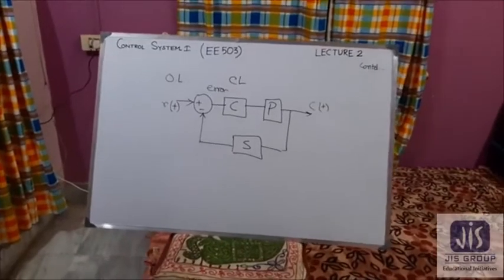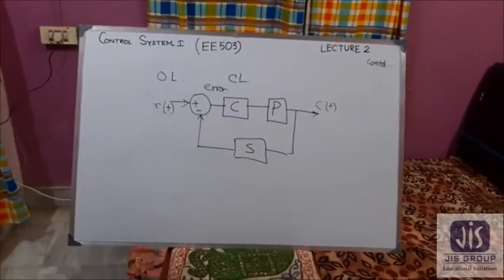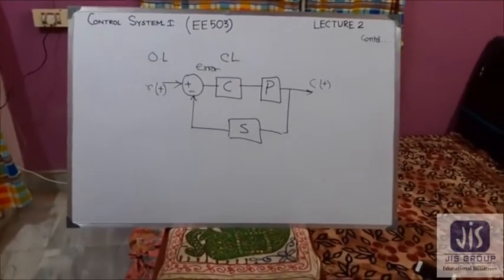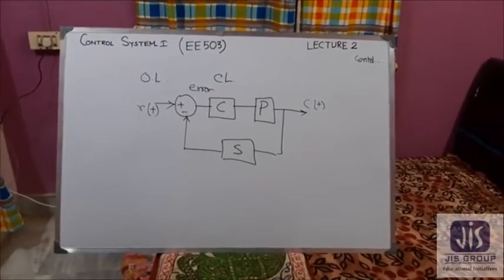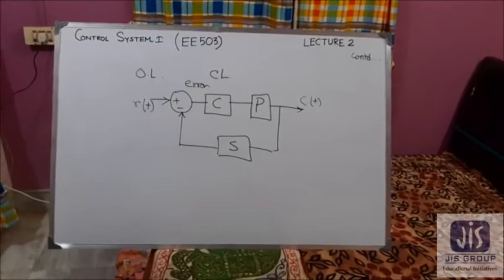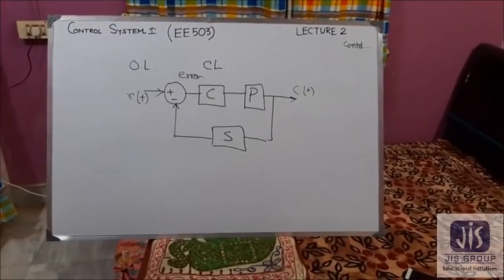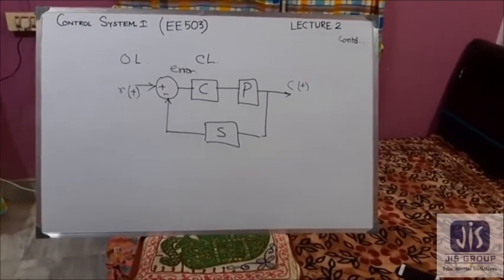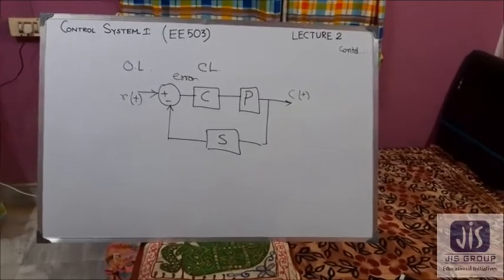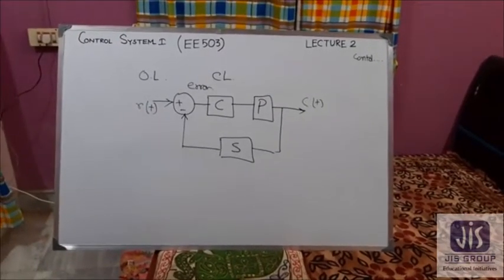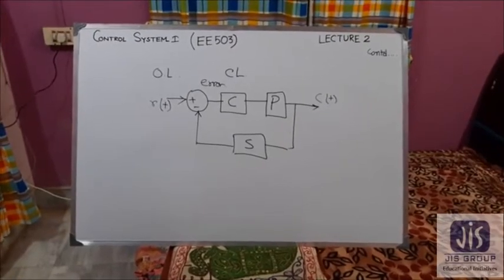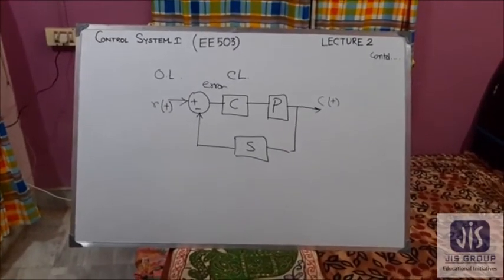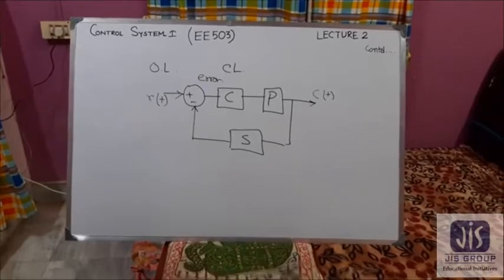Now a feedback control system is an operation in which the output is sampled and a proportional signal is fed back to the input. The feedback output may be in phase or out of phase with respect to the input. When the feedback output is in phase with the input, then it is called positive feedback.